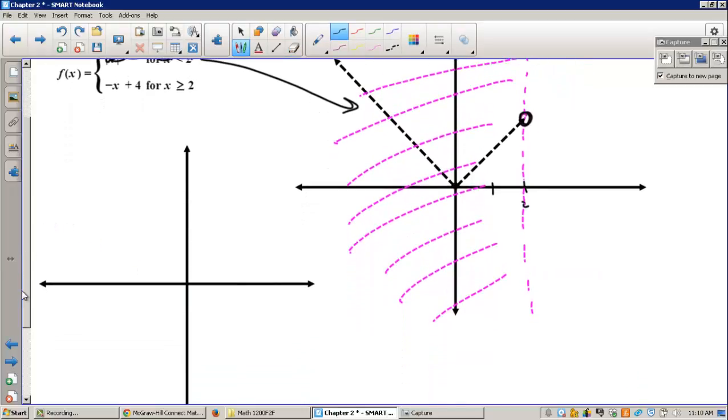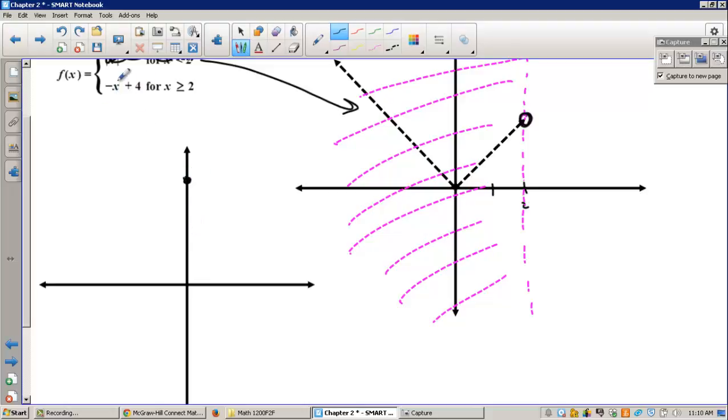This one is tricky. How do you picture minus x plus 4? Oh, do you guys know how you can make the picture from scratch? You don't have to make transformations. This is a straight line equation. Get 2 points on the straight line and connect them if you wish. Plug in 0 and you get y equals 4. 0, 4 is here.